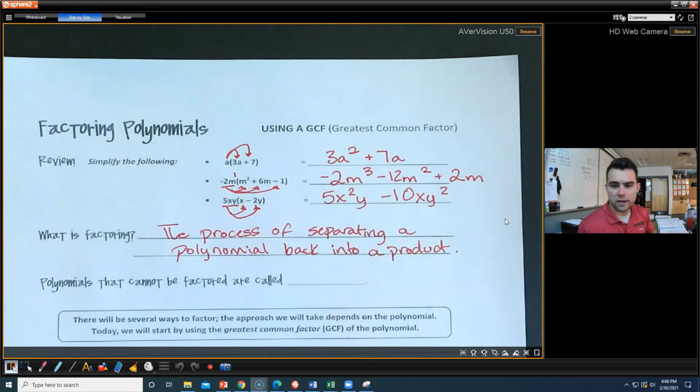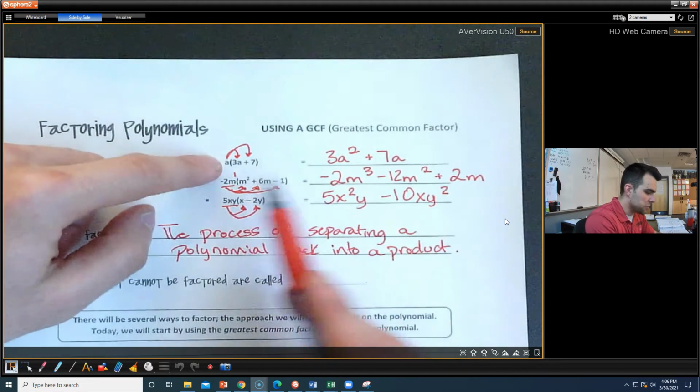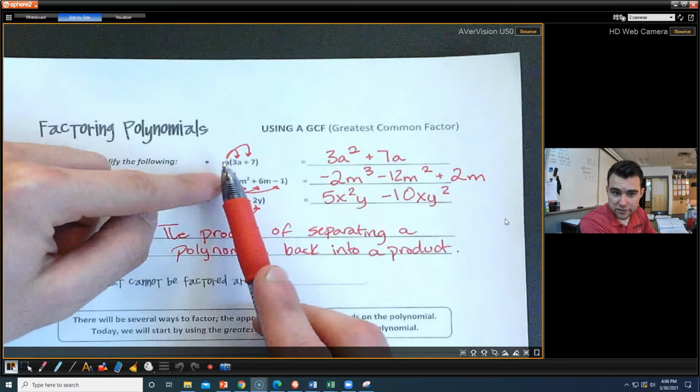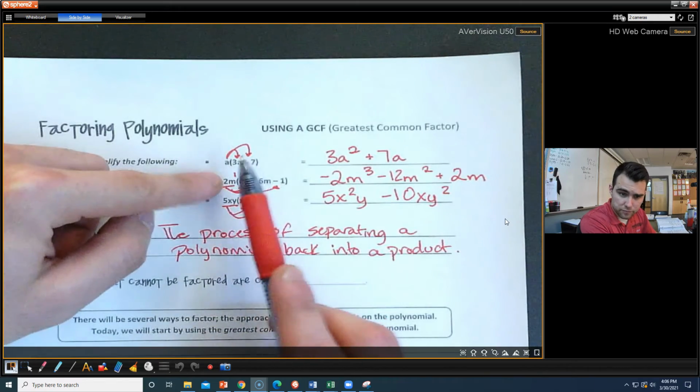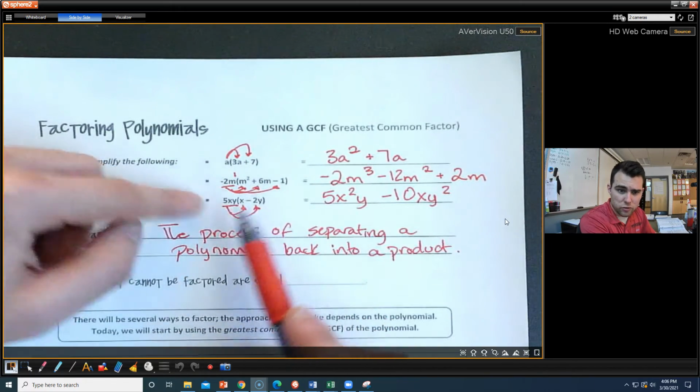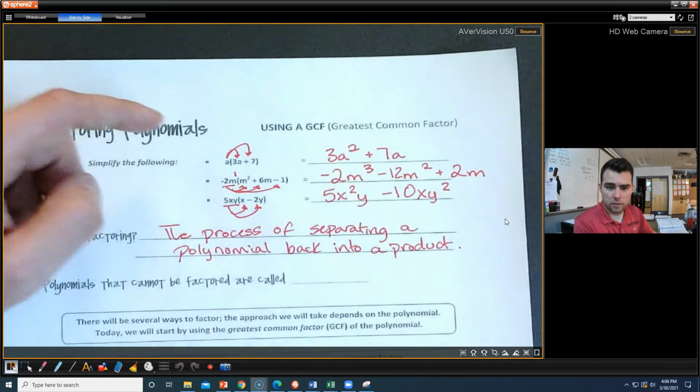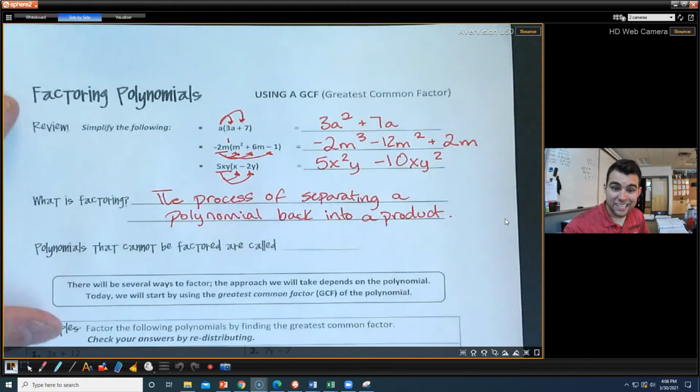And once again, product means the result you get when you multiply. So this would be my product right here. These guys are technically multiplying, and we want to get it back into this form right here. Some of these polynomials can't be factored, and if polynomials can't be factored, we call them prime.